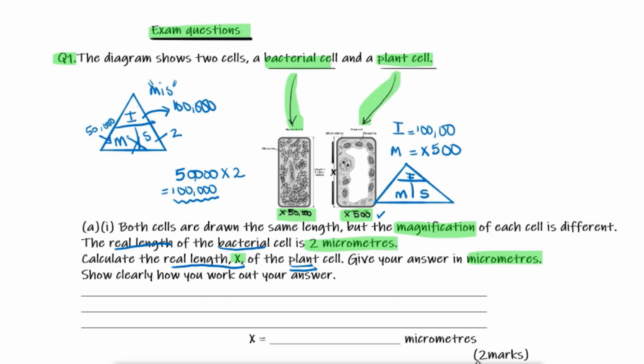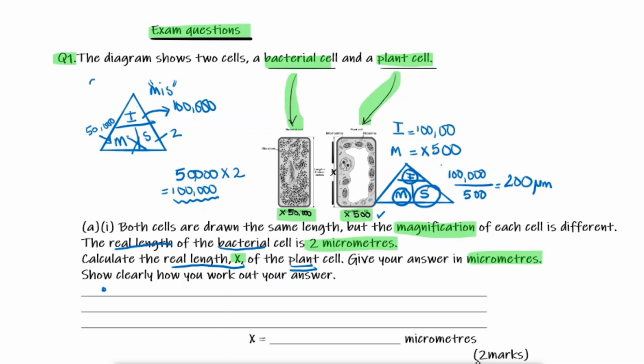This time we have the image size and we have the magnification, so we will divide the 100,000 by the magnification, which is 500, which will give us the real size, which is what we want, the real length of X. So when you show your working out here, you would do the 2 steps.